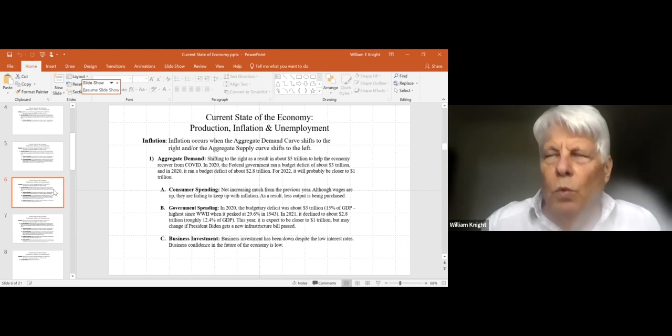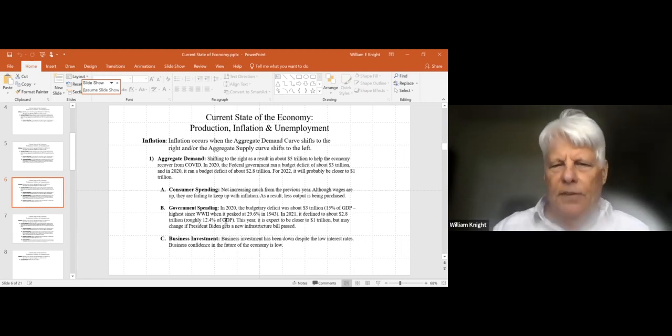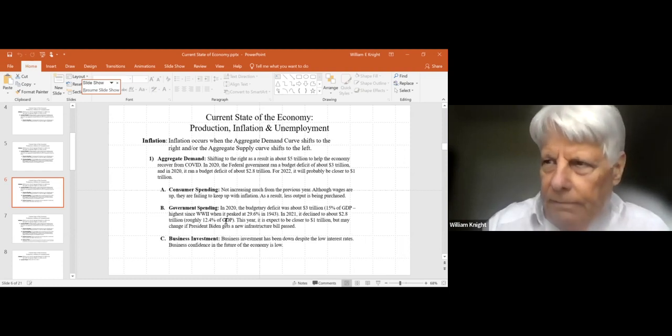And it will shift the aggregate demand curve to the right, but by not an amazing amount. But that 15% and that 12.4% of GDP, that's going to shove that aggregate demand curve way to the right. And when that goes to the right, of course, prices are rising.